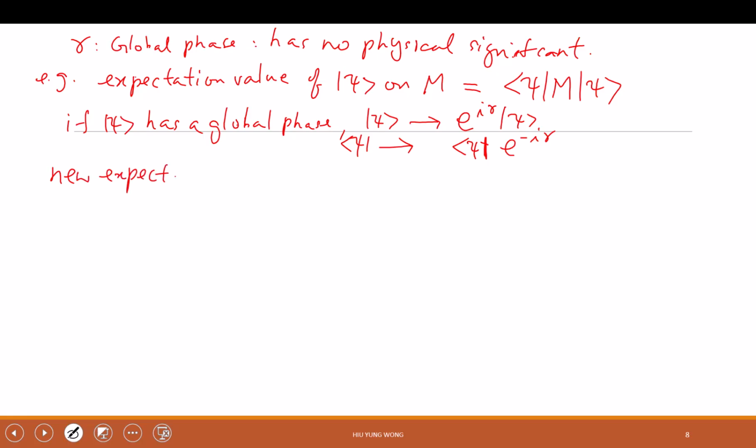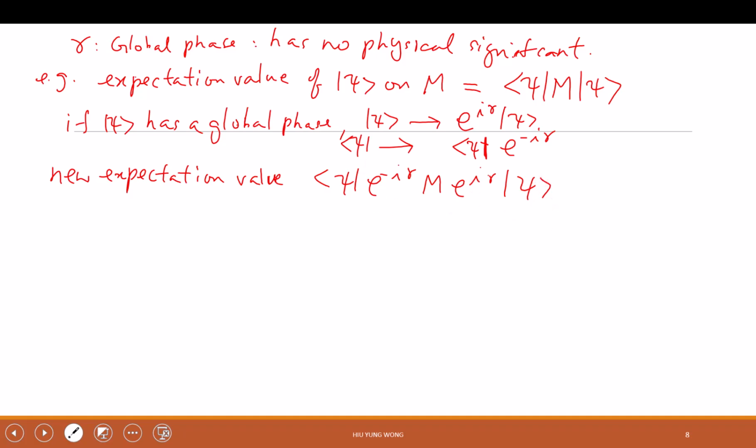Okay, so what is the expectation value? Let's say I add a global phase to it and then I measure again. It is bra psi e to the power negative i gamma M e to the power i gamma ket psi, right? But e to the power i gamma are just numbers. I can group them together, right? Again, what we're doing is row vector times a number times a matrix times a number times a column vector.